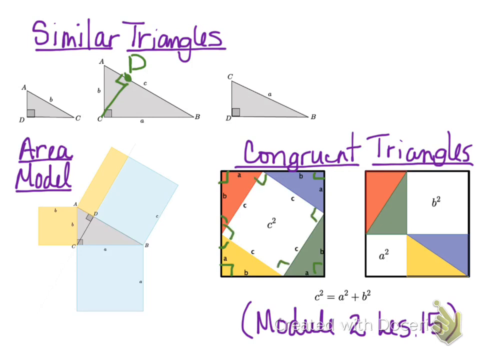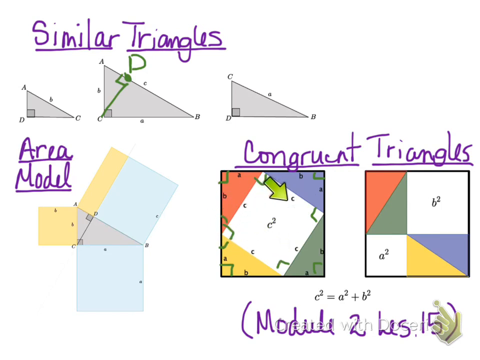So we have a big square with side lengths A plus B, and 4 copies of the original triangle, and we notice that this is indeed a square in the middle. We've proven that this is a square, not a parallelogram or anything like that. It's a square with side length C.